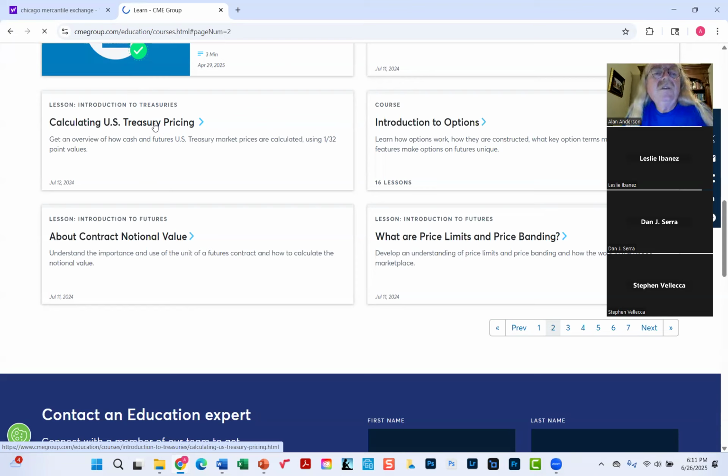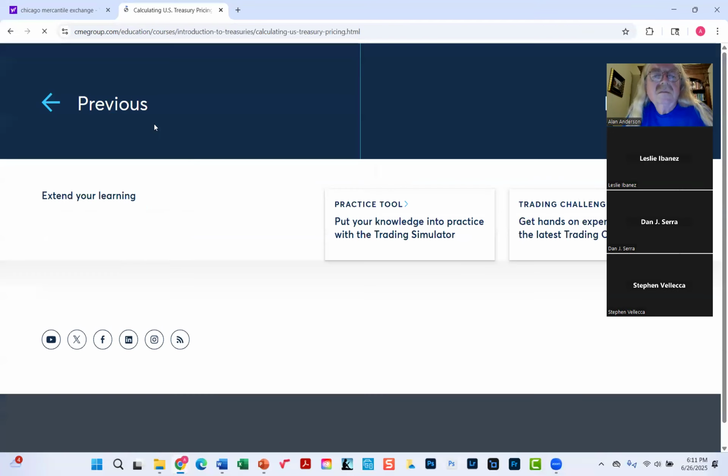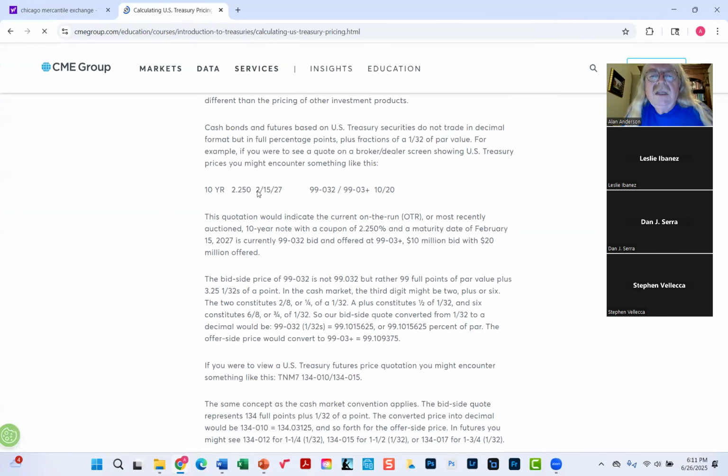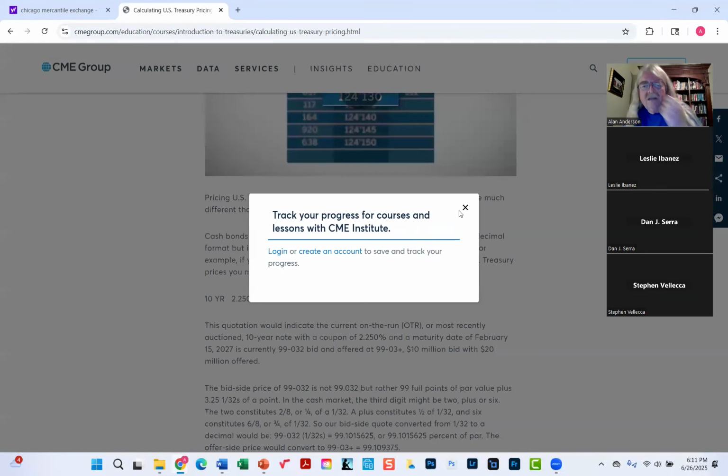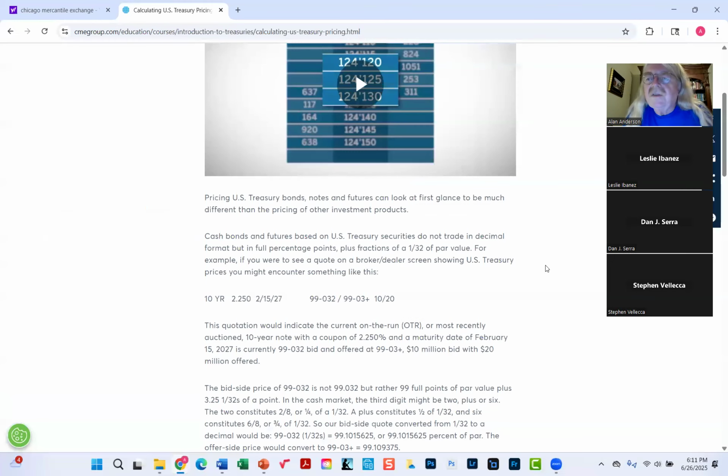And until fairly recently, yeah, these quotes, you'll notice that there were several questions that I decided not to use because we didn't really go through this, but these quotes for treasuries actually are based on 32nds of a dollar. They still have this system.